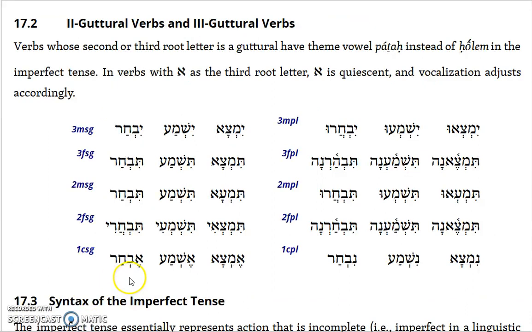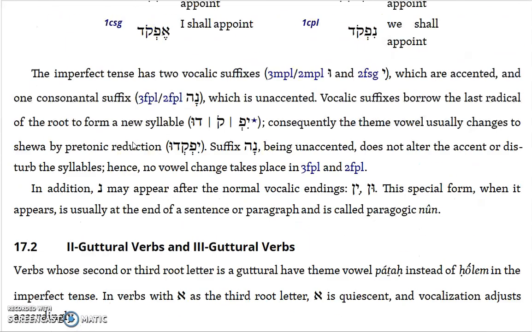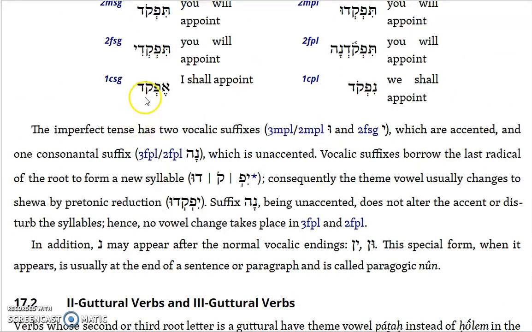Now there are some modifications when you get to gutturals. So here you have bahar, to choose. The guttural is going to influence the pattern. First of all, it's going to take as a main theme vowel an a vowel. Now the strong verb typically has an o vowel type. So where you get a vowel between the second and third consonants, it is going to be the holem.